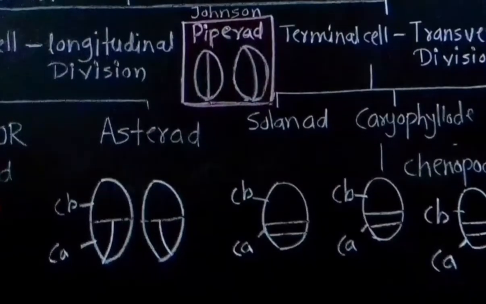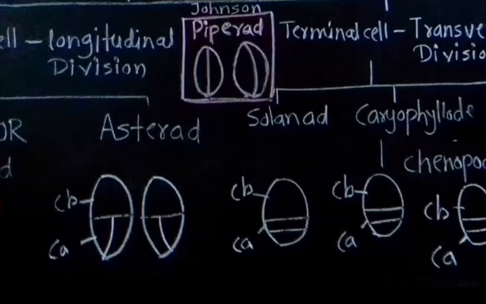Then the terminal cell divides by a transverse division. Here you observe the solanad type, naturally in members of Solanaceae, Linaceae, Rubiaceae, Papaver, etc. Then the caryophyllad type, again mainly in the family Caryophyllaceae, Fabaceae, Droseraceae, etc. Then the chenopodiad, that is the family Chenopodiaceae.